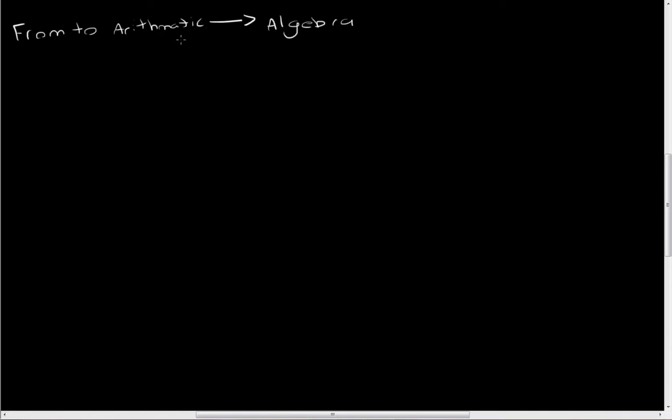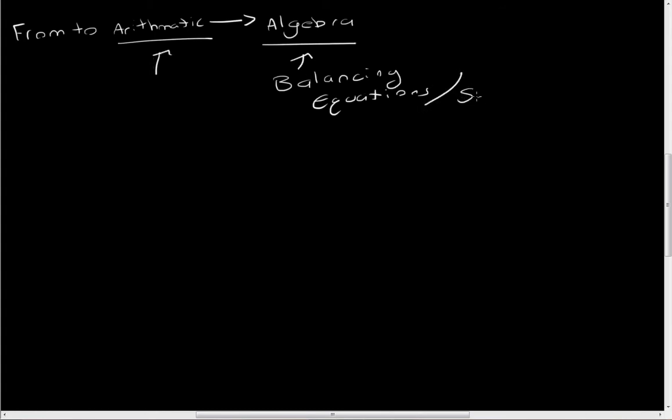Now basically, the main difference between arithmetic and algebra is all about balancing equations, and also solving for a variable, an unknown. Solving for an unknown.